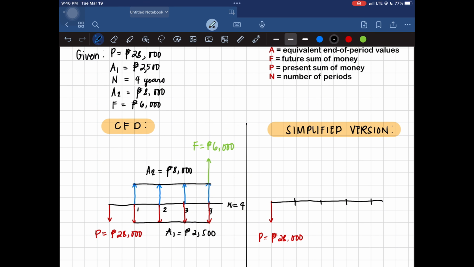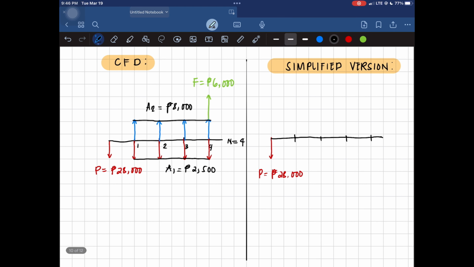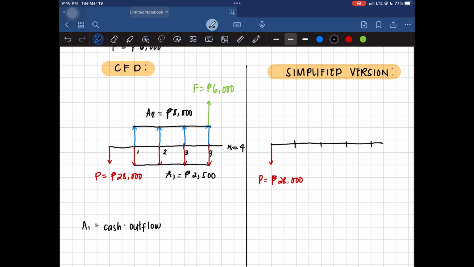So that's our N. So next, in order for us to have a simplified version of our cash flow diagram, we have to simplify as well our annuities since we have two here, A sub 1 and A sub 2. We have A sub 1, our cash outflow, A sub 2, our cash inflow.